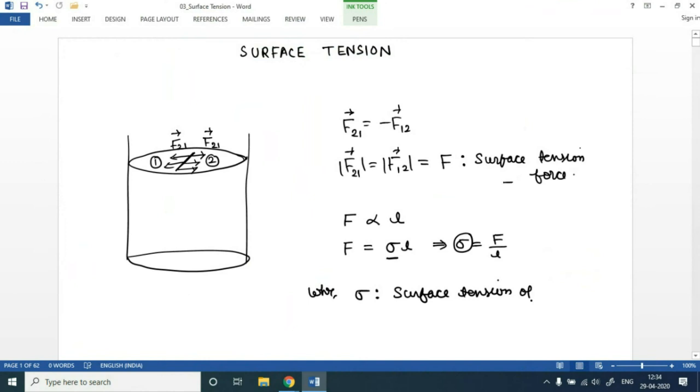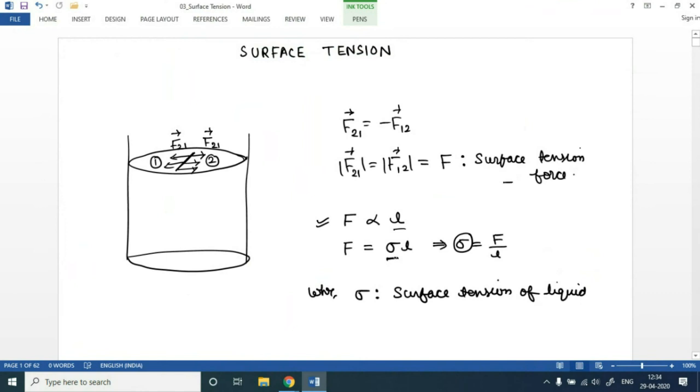If we draw an imaginary line on the surface, liquid molecules from one side of that line will exert some tangential force on the liquid molecules on the other side of that line, and that force is proportional to the length.